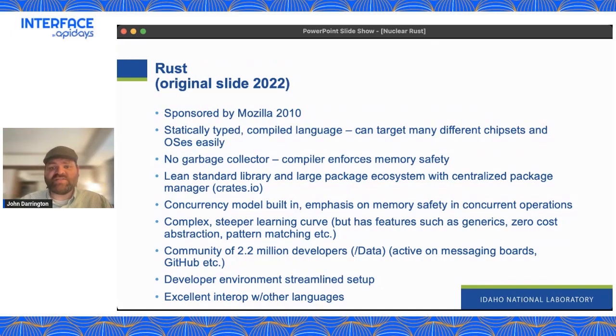We can target all these different chipsets and OSs. You can actually run it without an OS. All you need is a memory allocator. There's no garbage collector. But what we focused on was the fact that concurrency is built in with an emphasis on memory safety in those concurrent operations. And that's exactly what we needed when dealing with nuclear reactors and digital twins.